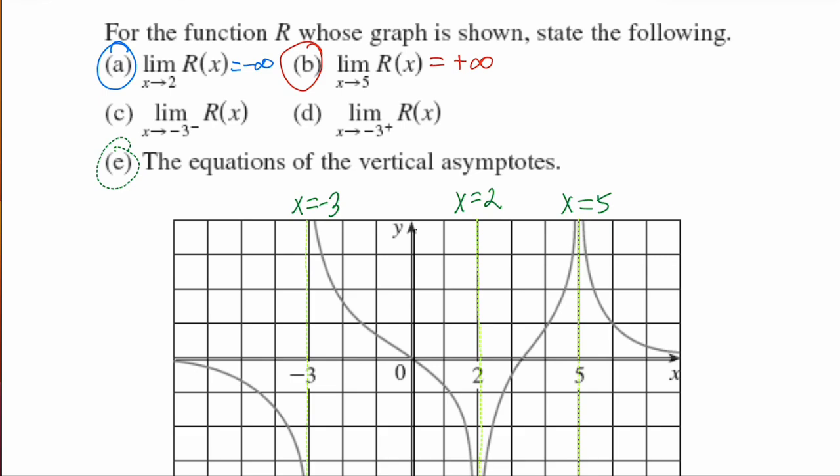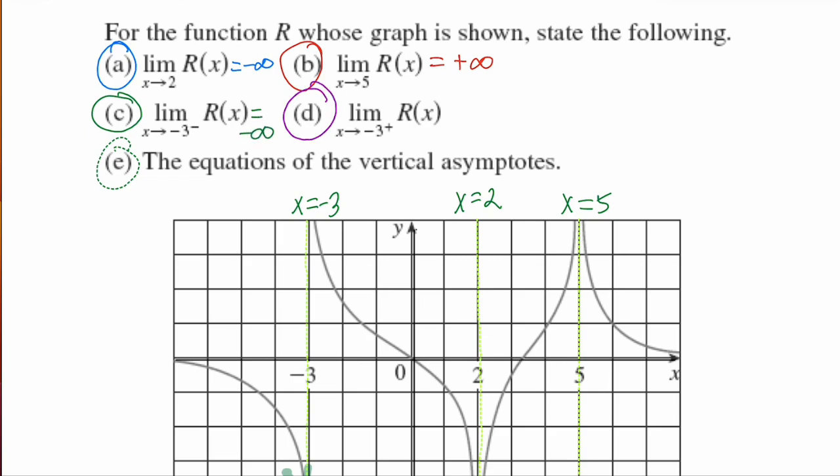Okay. Now, let's look at C. See how they said we are coming in from the left. So we are talking about that side right there. Where are we heading? Down, negative infinity.